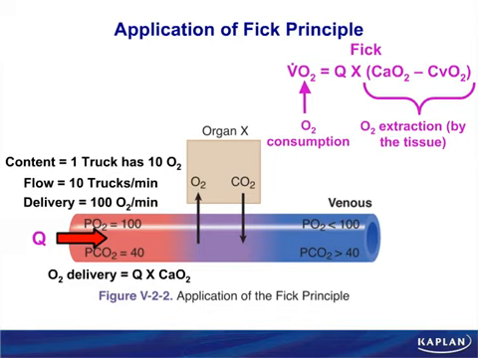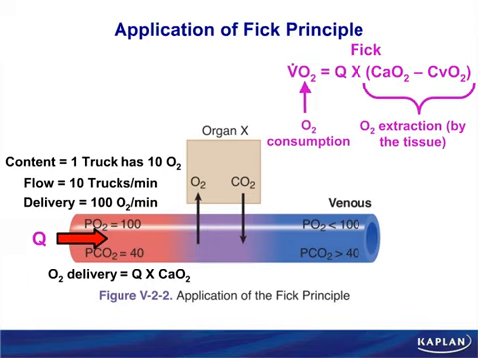So let's say 10 trucks per minute get to the capillary. So notice, delivery is 100 oxygen per minute. Again, oxygen delivery is flow times content. It's the amount of oxygen I have in the blood times the volume of blood arriving to the capillary per unit time, flow. That is delivery.